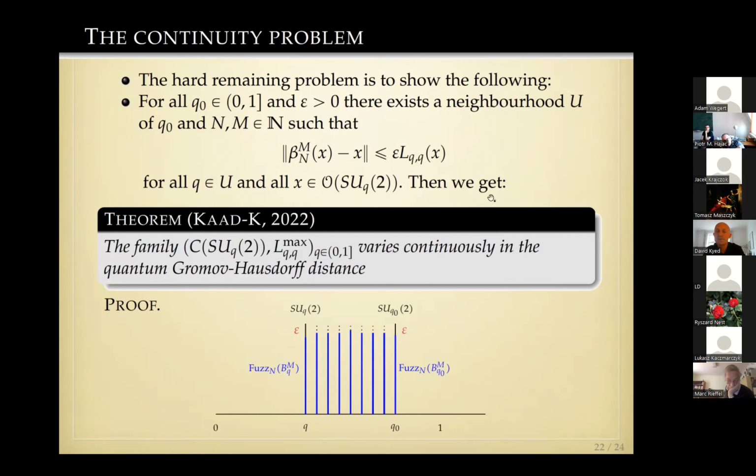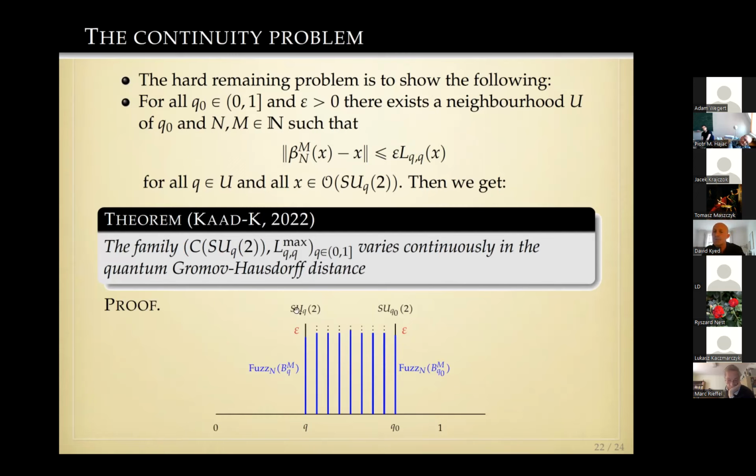And then this local uniformity up here ensures that if I move like that, I don't lose more than an epsilon over at the fiber Q0, and in total I've lost maybe 3 epsilon, but this is as good as 1 epsilon. So in total I'm within an epsilon of SU_{Q0}(2). So the hard analysis really lies in getting this estimate up there, but I don't think there's any need to go into the analysis at this point.